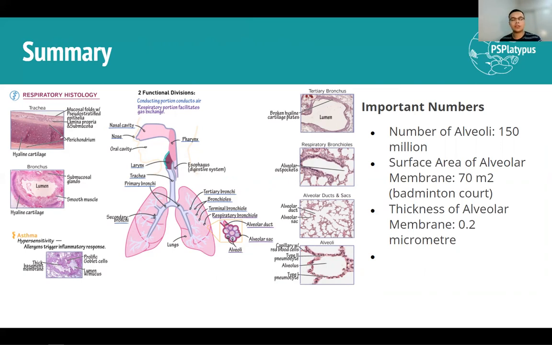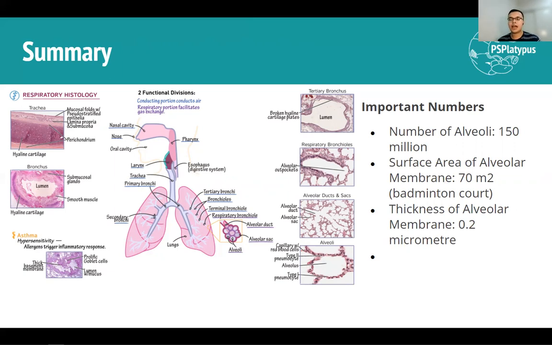So you can look at those patterns and try to use those to help you remember how things transition. And then also looking at things like the cartilage and how it goes from being present to patchy and then absent. And then smooth muscle as well starts becoming more prominent and then disappears in the respiratory zone. All right, so it's also important to keep in mind a couple of numbers.